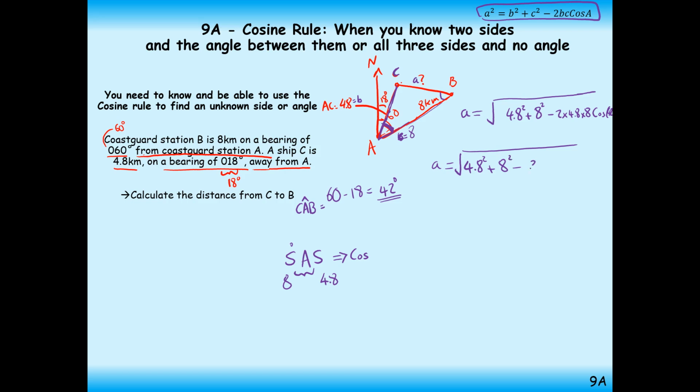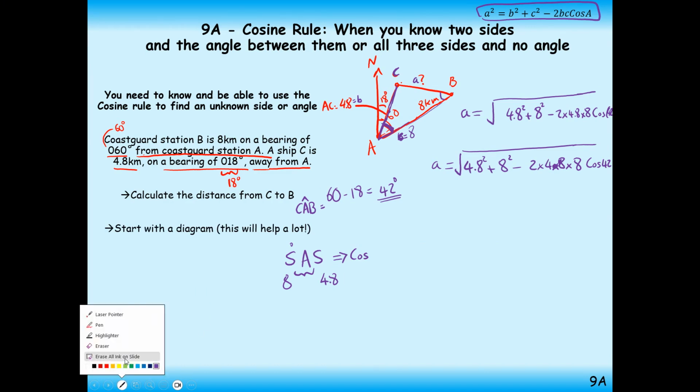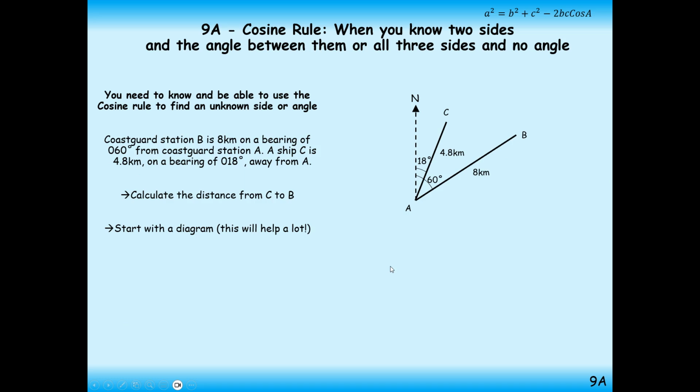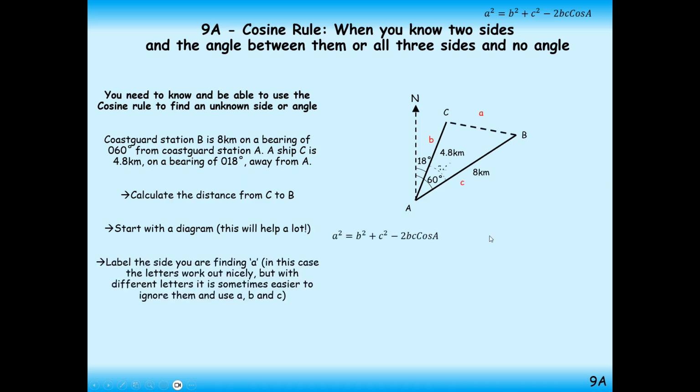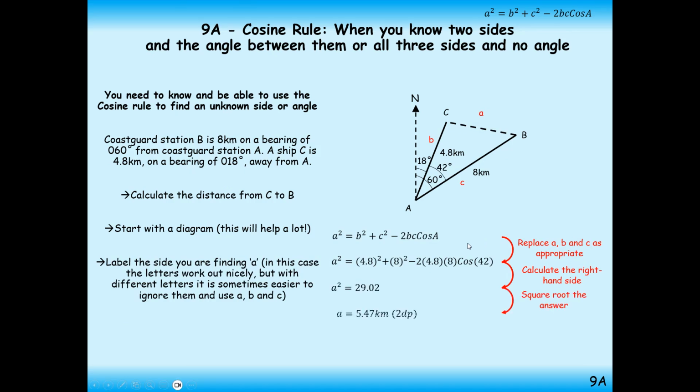So 2 lots of 4.8 times 8 cos 42. You put that on your calculator and you'll figure out the answer. Here's the picture, and it will come out to be, after you substitute the numbers, the square root of A is 5.47.